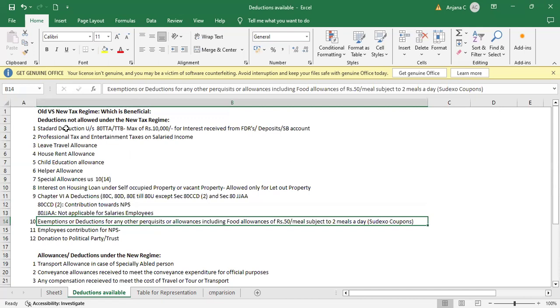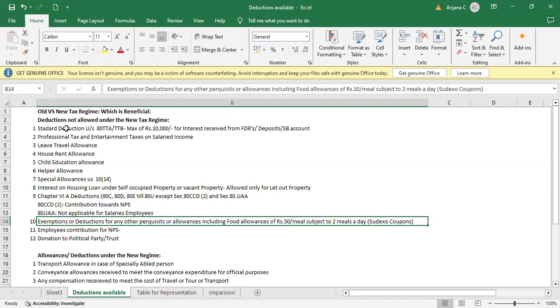Exemptions or deductions for any other perquisites or allowances, including the food coupons of rupees 50 per meal, subject to 2 meals a day, have been withdrawn. Generally, private firms provide Sodexo coupons to their employees.